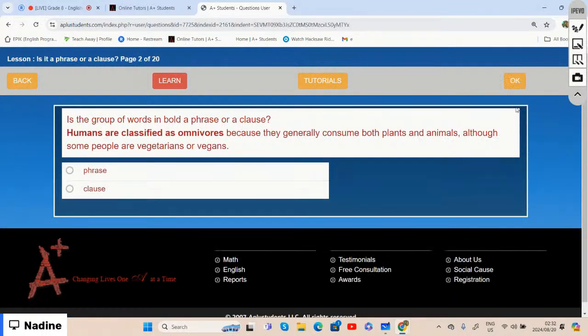All right, so now is the group of words in bold a phrase or is it a clause? It says humans are classified as omnivores because they generally consume both plants and animals, although some people are vegetarians or vegans. So if we look at the words in bold, humans are classified as omnivores. Is that a phrase or is that a clause?